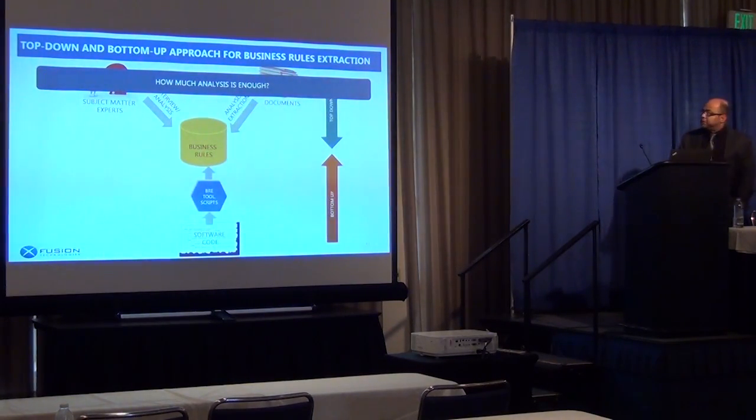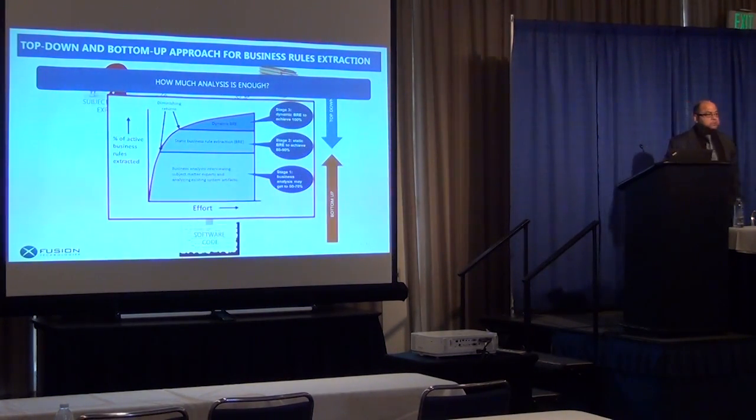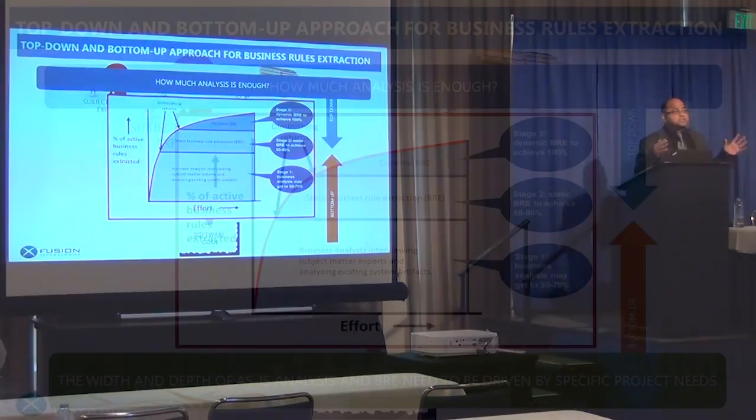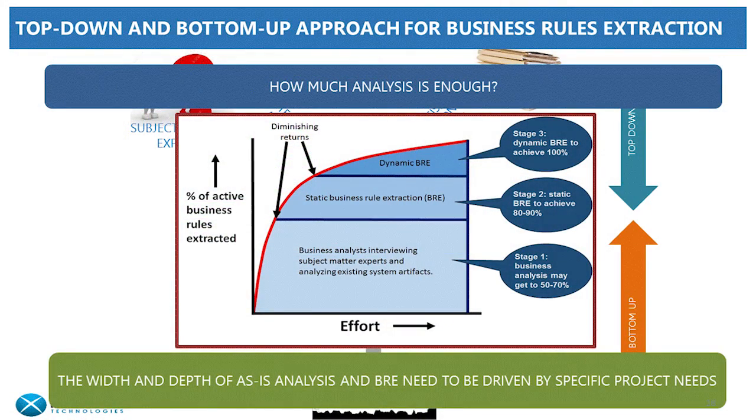Because the study shows that for a legacy system, where the business processes are a combination of manual and automated processes, 50 to 70% of the business rules are in the human mind or in your operational documents, not in the source code. So the top-down analysis is very, very important. That's the key takeaway from this slide.